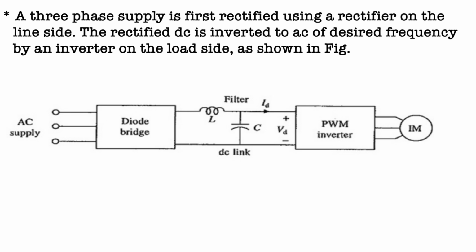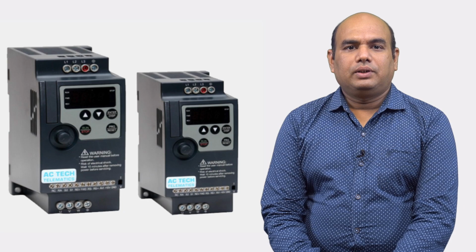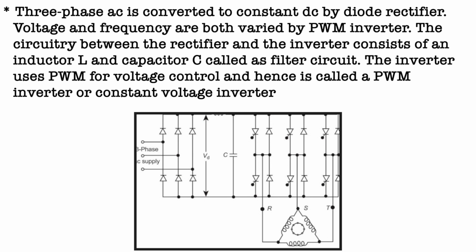The rectified DC is inverted to AC of desired frequency by an inverter on the load side, as shown in the figure. The three-phase AC is converted to constant DC by diode rectifier. The voltage and frequency are both varied by PWM inverter.